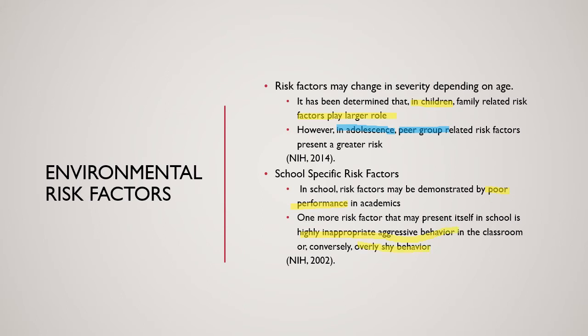So I like to categorize this together as highly inappropriate behavior. It could be very aggressive behavior. It could also be very, very shy behavior where the individual doesn't make friends, doesn't communicate, is very kept to themselves and alone.